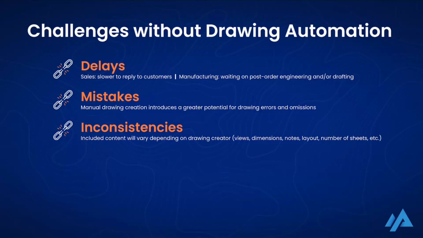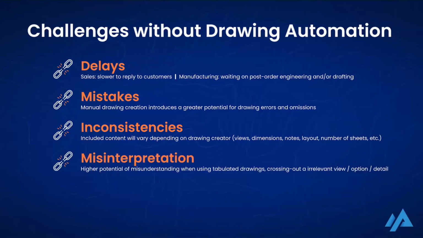But if I have an entire department of draftspersons or engineers doing drawings, then it's very likely that the content on the drawing itself will differ depending upon who creates the drawings, whether that's views or dimensions or the layers that are displayed or the notes that are on it, or the location of a view or something like that. All those things can change. The fourth is, I'll call it misinterpretation.